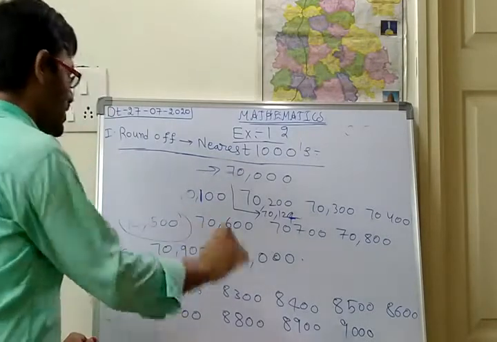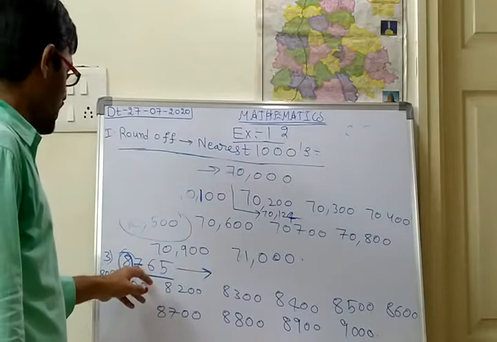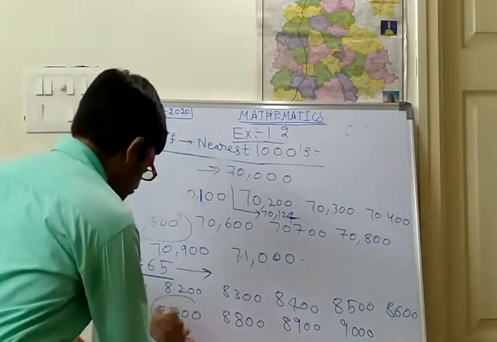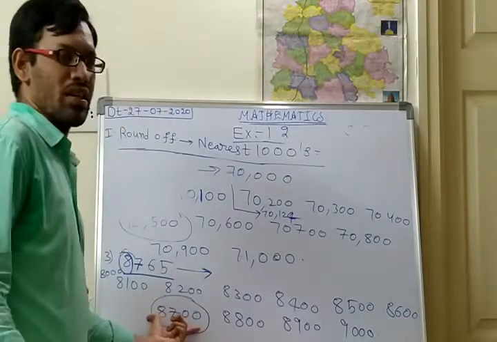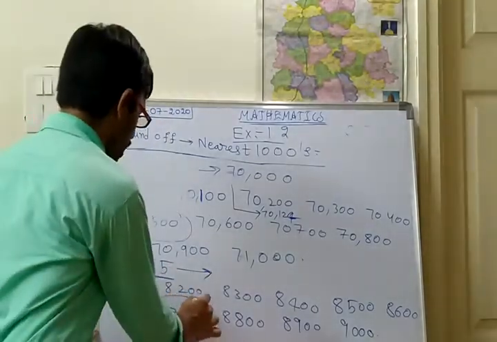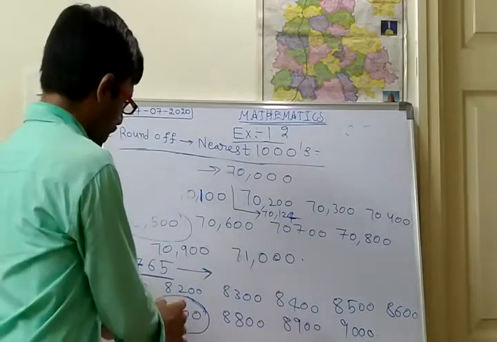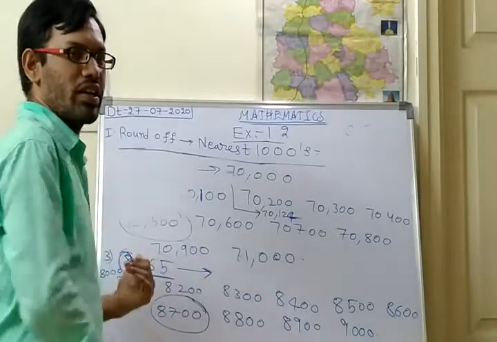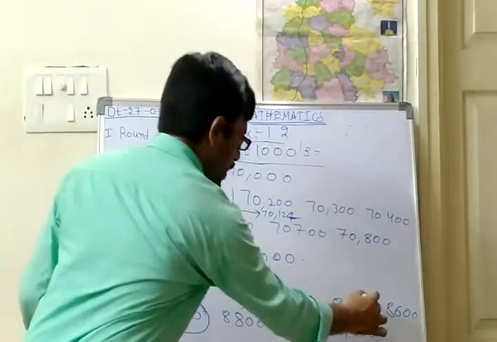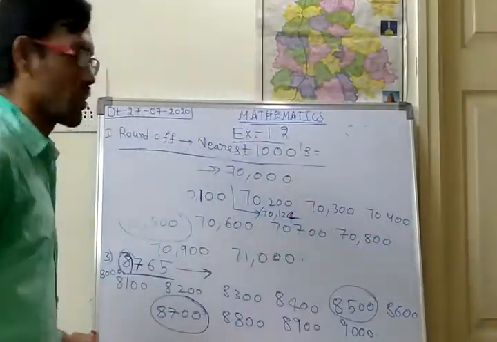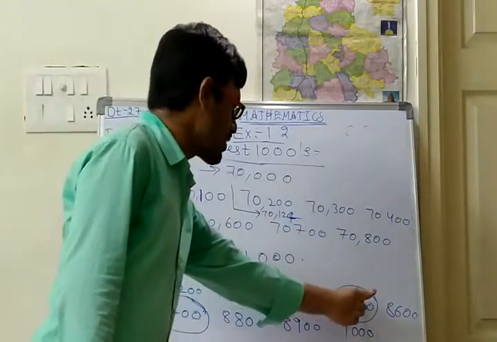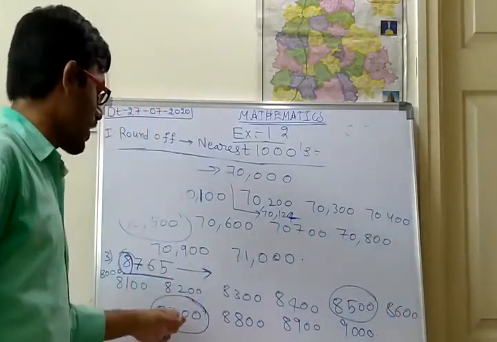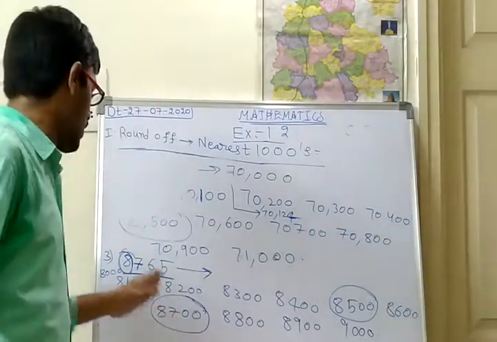First of all, identify where 8,700 is. After center or before center, we should see. The center number is 8,500. Obviously by seeing the board you can identify that 8,700 is after the center number, so this number will be somewhere here.